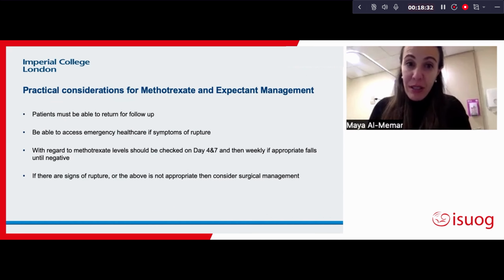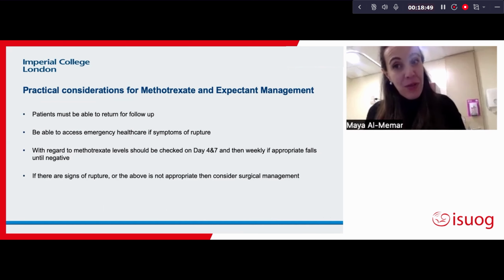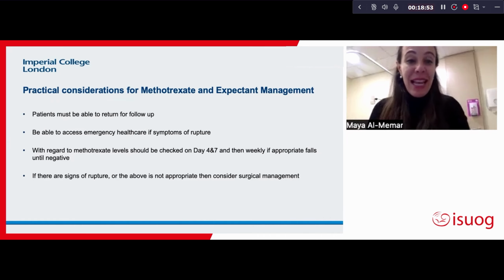There are some practical considerations when you're thinking about both expectant management and methotrexate. The patients must be able to return for follow-up. They must be able to access emergency health care if they have symptoms of rupture. With regards to methotrexate, HCG levels should be checked, as I said, on day 4 and day 7. And if there is a drop of more than 15%, then weekly until it's negative.